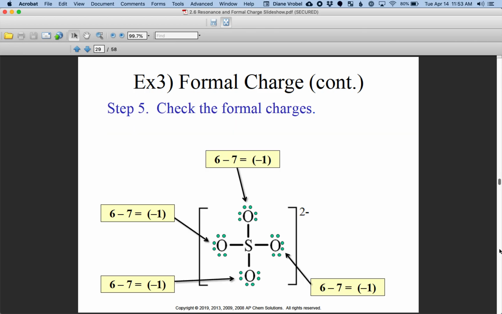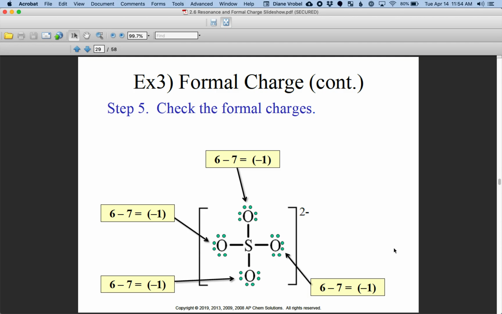Okay, so we're going to look at formal charge, and when we look at formal charge, notice that they start off with 6 valence electrons, and as a result of it, they have access to 7 electrons. And when you look at the formal charge for each oxygen, it ends up being -1.